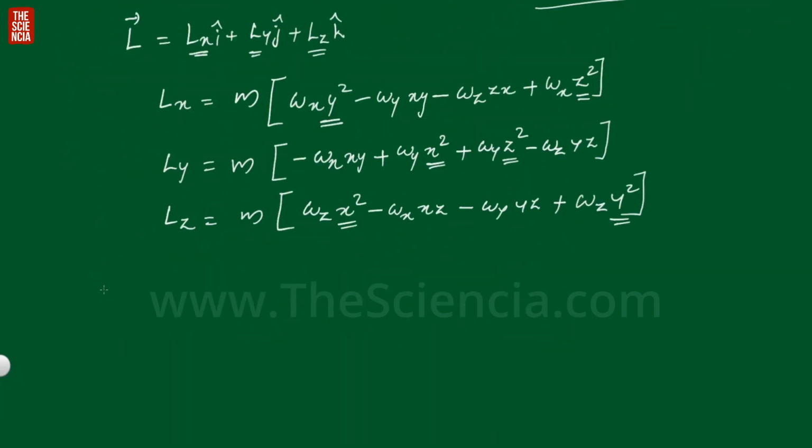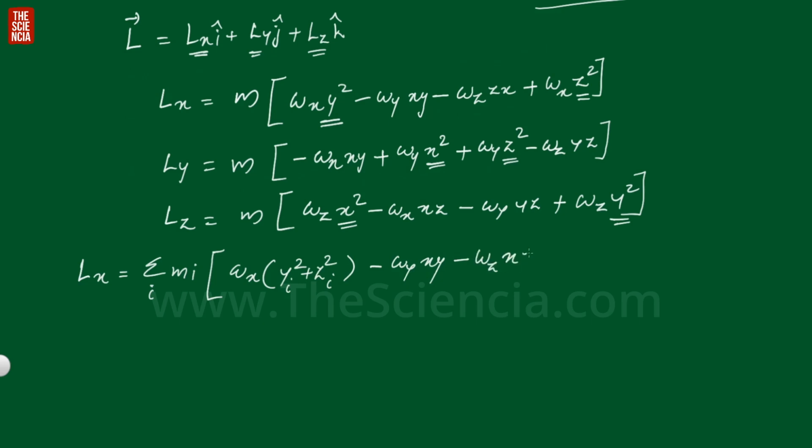So we can collect these terms together. So I am rewriting these equations for a discrete particle system, that is Lx equal to summation over i of m_i into, here I am collecting this omega x term, that is omega x into (y_i square plus z_i square), minus omega y x y minus omega z x z. So these are the particle position coordinates, okay?